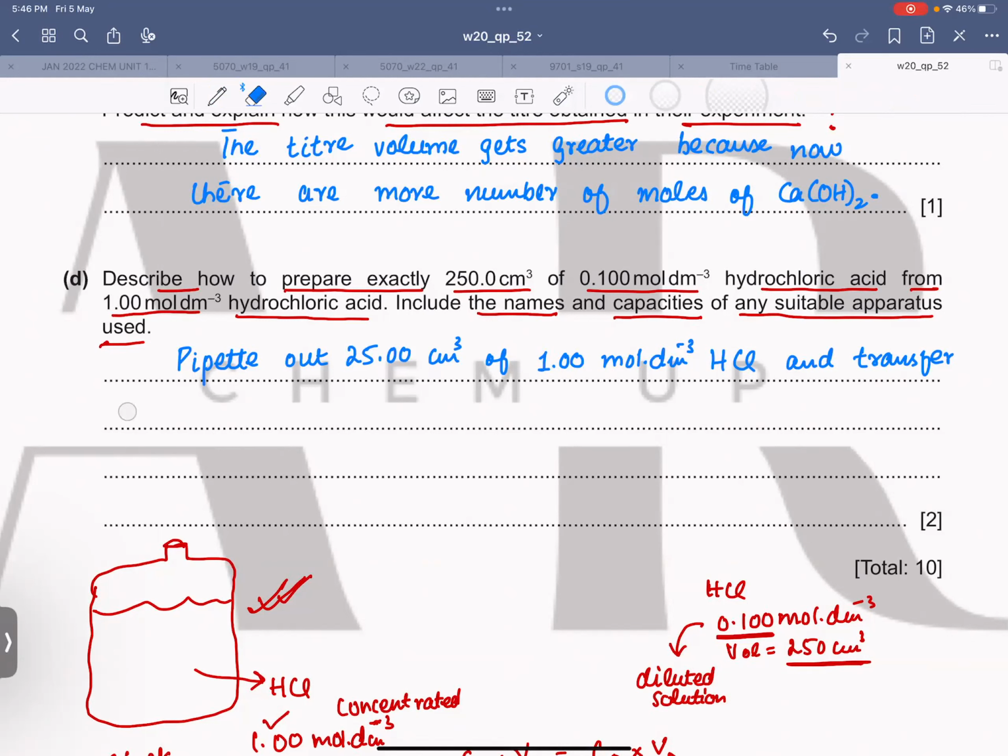And transfer it to a 250 centimeter cube volumetric flask. Okay.